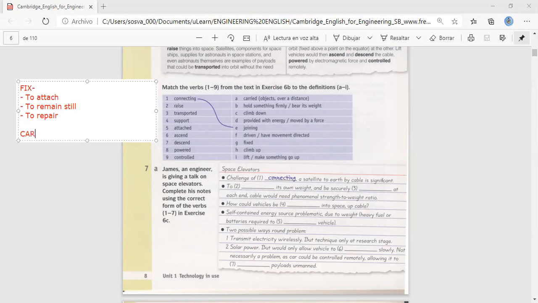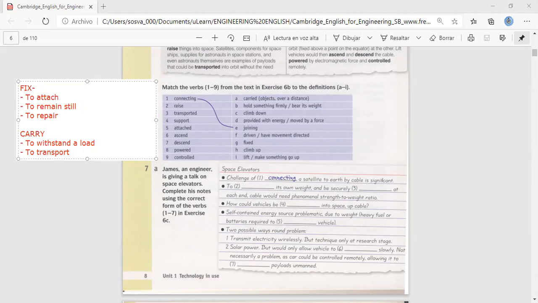We also have the verb carry. It has different meanings. For example, it means to withstand. That means to stay there. To withstand a load. And the other meaning is to transport that load, to move it from one place to another.